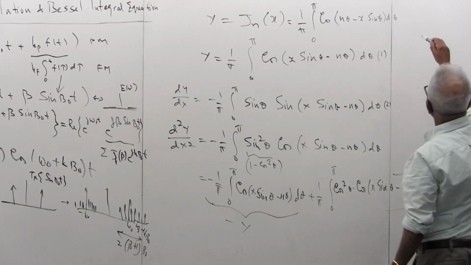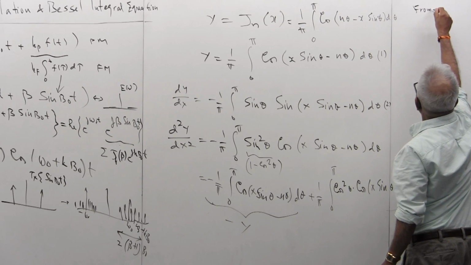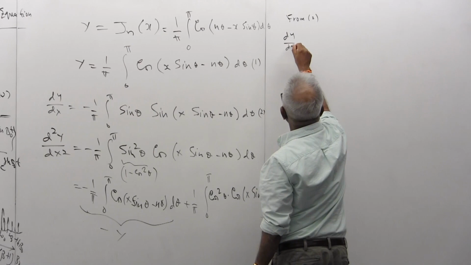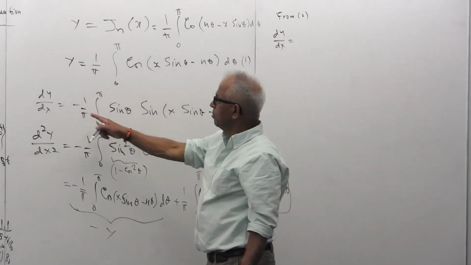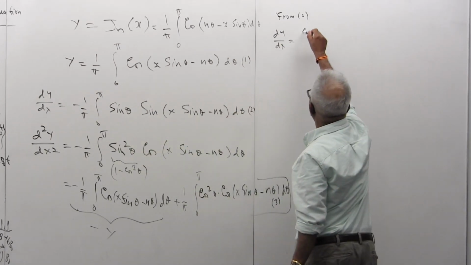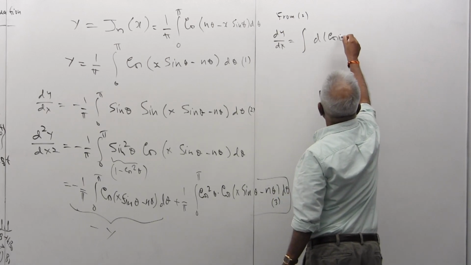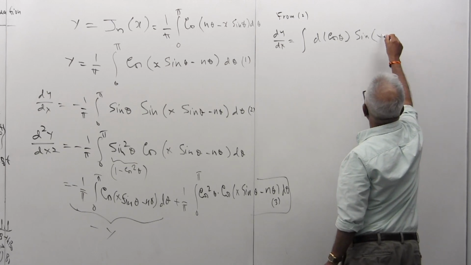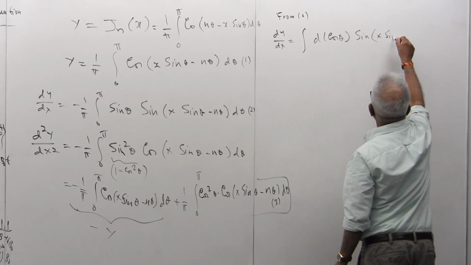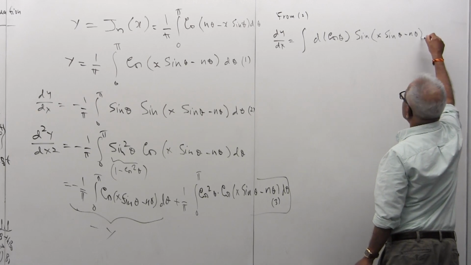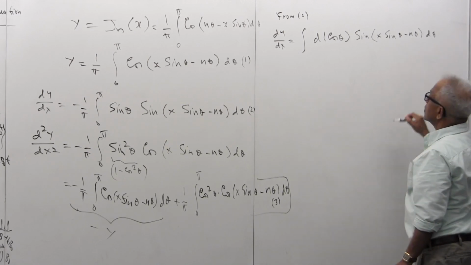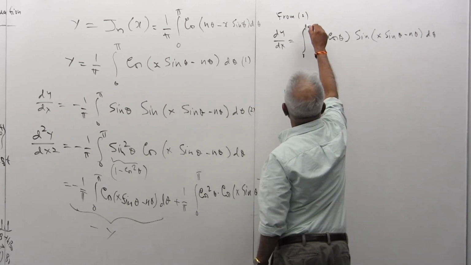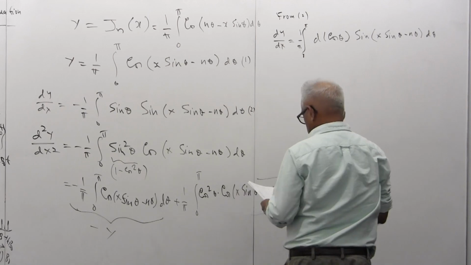So if you go to this expression, you can rewrite it in this form. So you have minus sine theta, that's the derivative of cos theta. Then I want to use the UV rule. So that's the same as 0 to pi 1 over pi.